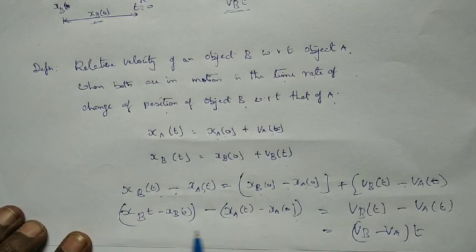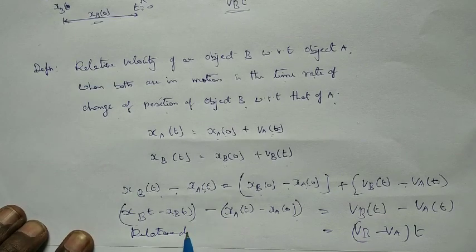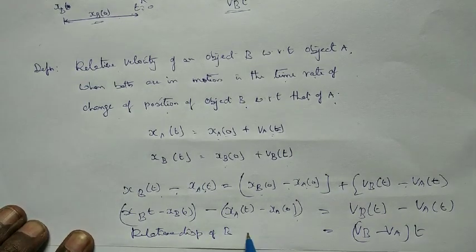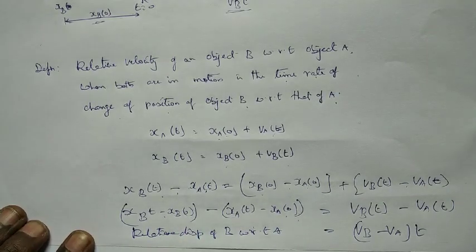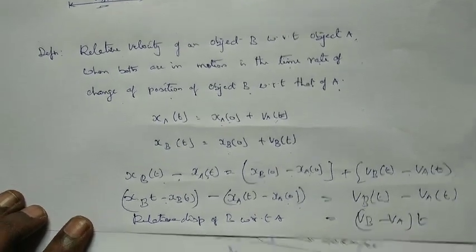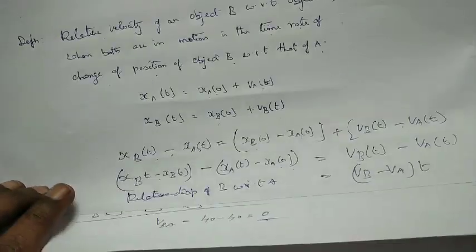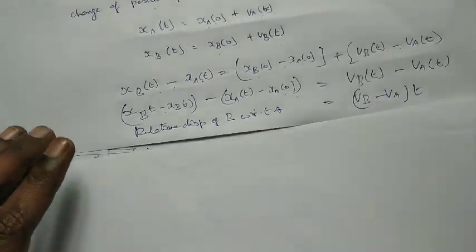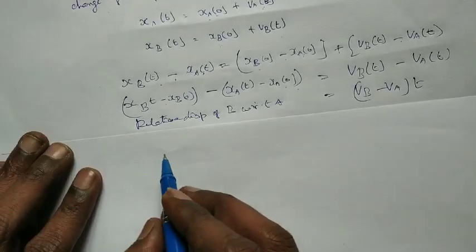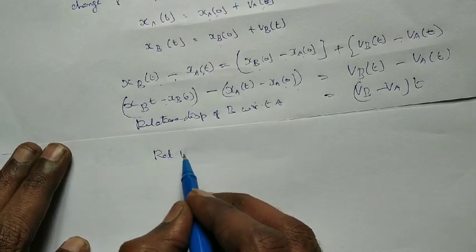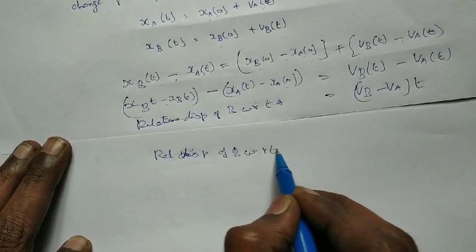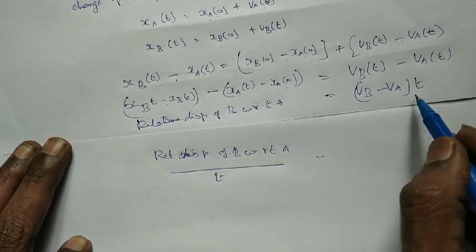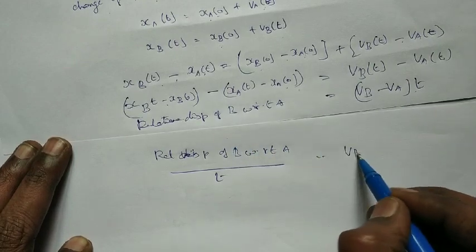The displacement finally you will get here is the relative displacement of b with respect to a, because b is subtracted with a. That is going to be vb minus va times t. Now if you want to write the next expression, the relative displacement of b with respect to a divided by time, so you bring time down, that is going to be equal to vb minus va.